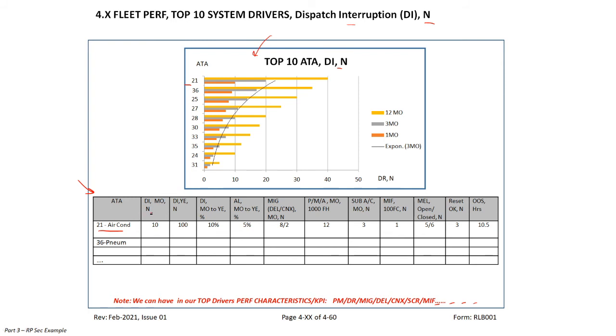So number one here, as you can see, we have the dispatch interruption monthly number is 10. Previous year, 100. And we want to understand, comparing this month to the previous year's information. In percentage, it gives us 10%.